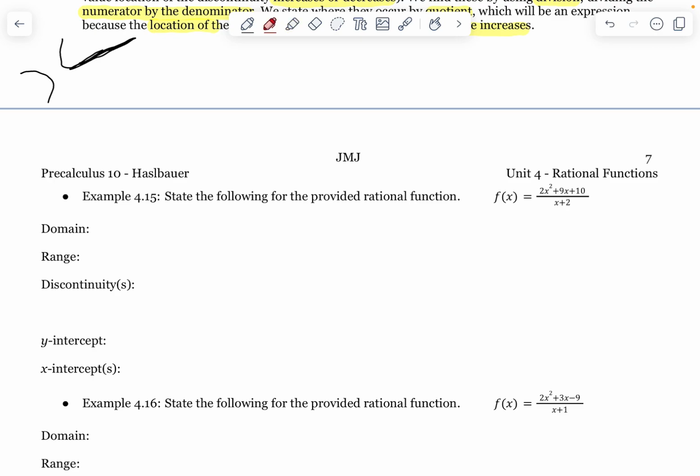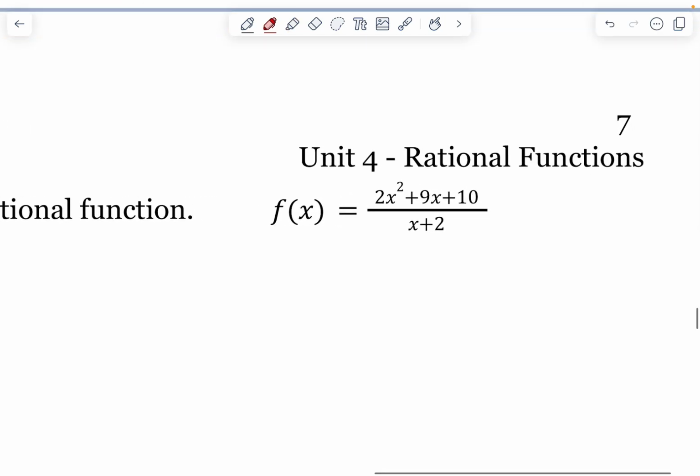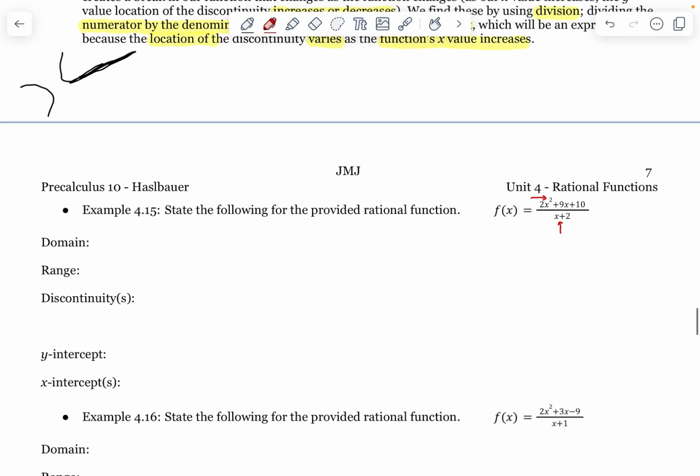This is one built to show you a slant asymptote. We can take a look right away. At first glance, the power of the numerator is 1 more than the power of the denominator. So this will have a slant asymptote, and we will do that in a second. This will not have a horizontal asymptote, as per the rules that I had shown a little bit before.